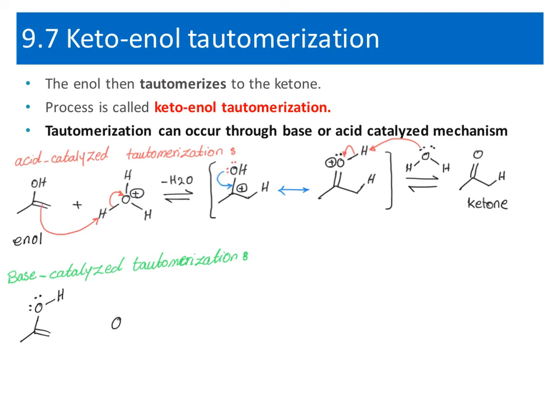We can have a base such as hydroxide. So the base will attack this proton and remove the proton. So again, we have proton transfer here to form this intermediate.